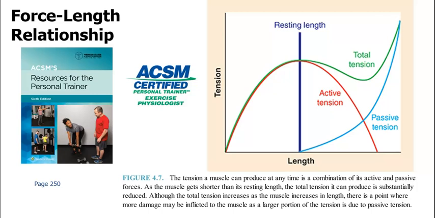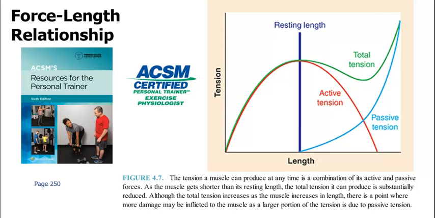A muscle produces the most force when it is at its optimal length, typically near its resting length. If a muscle is stretched too far, lengthened beyond the optimal point, or contracted too much, shortened beyond the optimal point, its ability to generate force decreases. This relationship is crucial to understanding muscle performance during different movements, as it influences how effectively muscles can generate force at various joint angles.